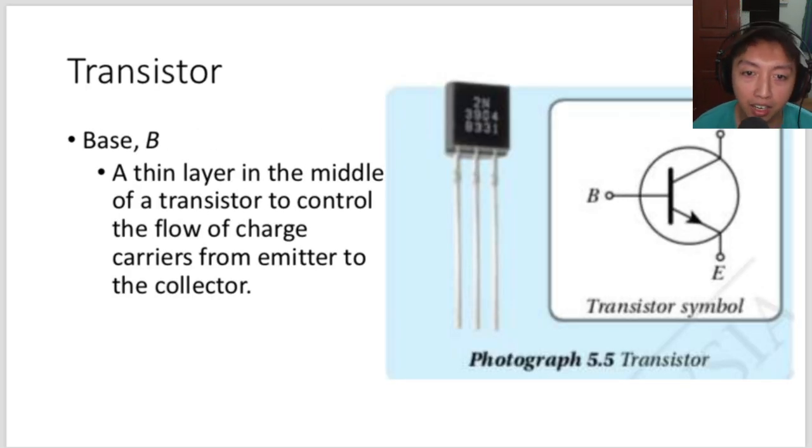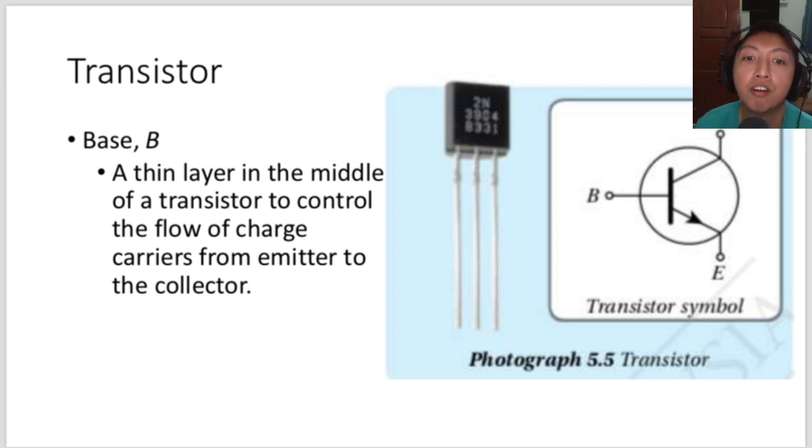So basically, the way a transistor works is that an electric current will flow through C and E. You can see it in this picture. There's an arrow showing that electricity will go from C to E. But there is a condition.